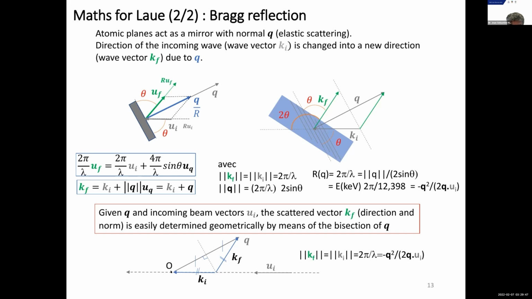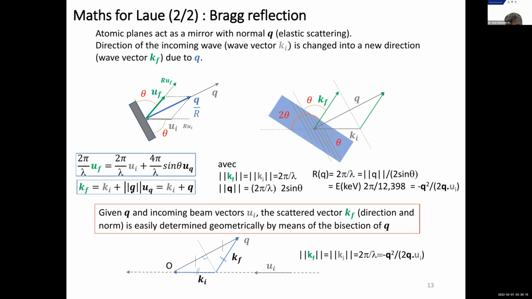So another sketch which is very useful: if I give you a Q vector, and you know that this will be the vector joining the origin of the reciprocal space to a node of the reciprocal space, and you want to know what are the photons that can satisfy this relationship, then I need to know the norm of the Q vector and also the norm of the Kf.